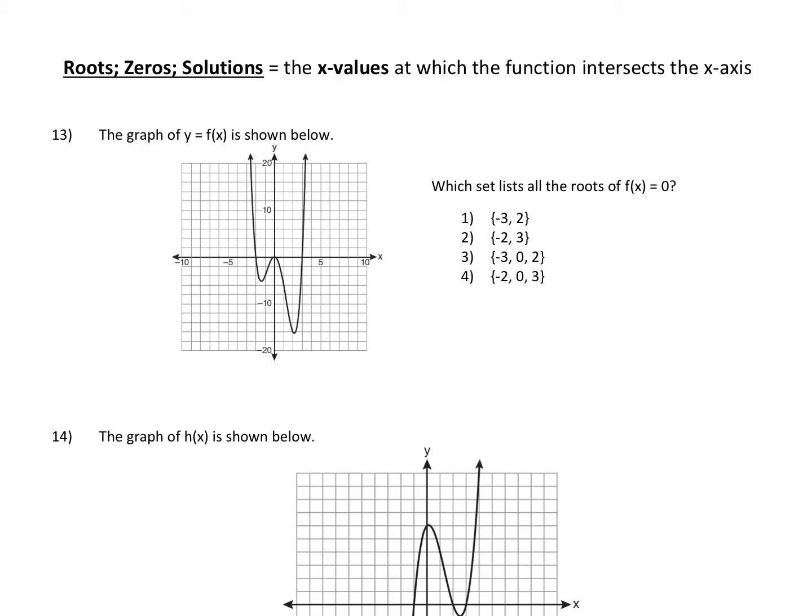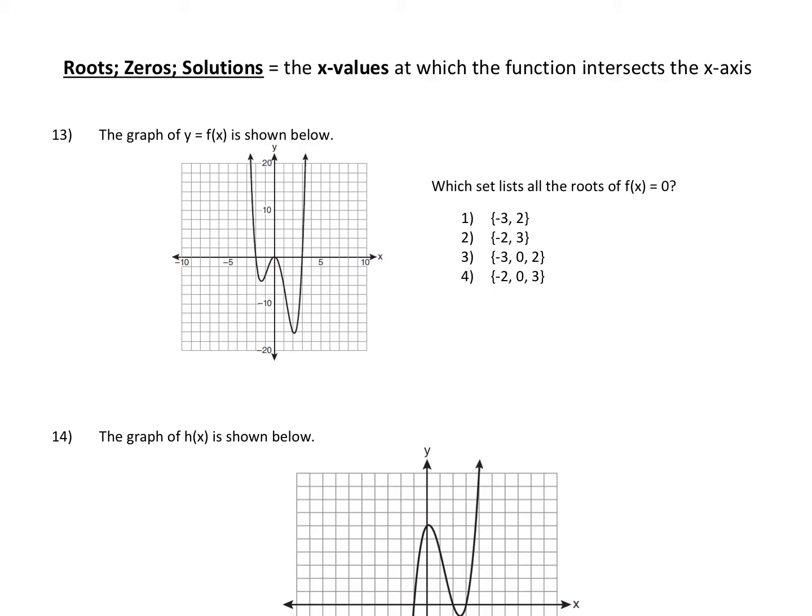All right, so if you turn to the next page, it has a couple definitions here: roots, zeros, and solutions. All 3 of these terms refer to the x values at which the function intersects the x-axis. So take a look at number 13. Here's our x-axis.